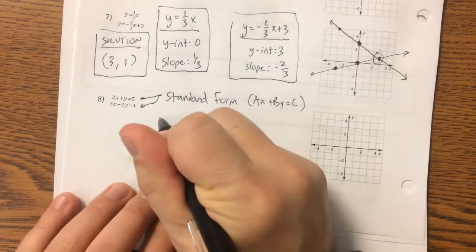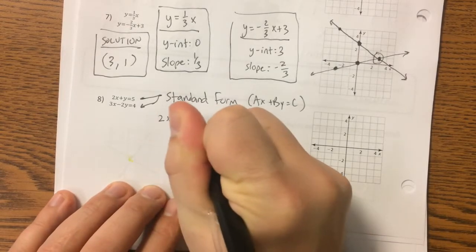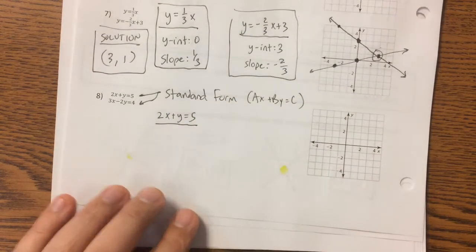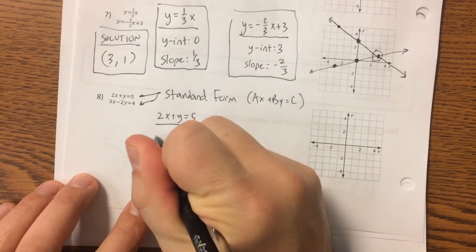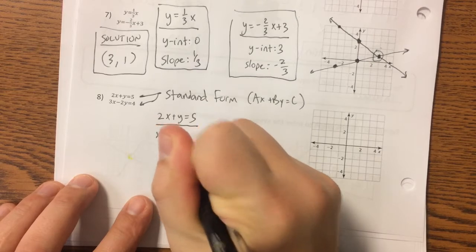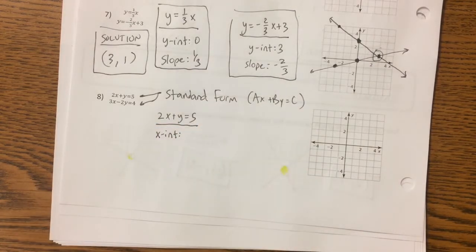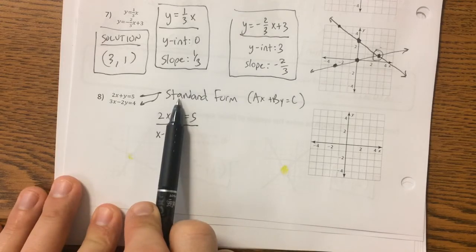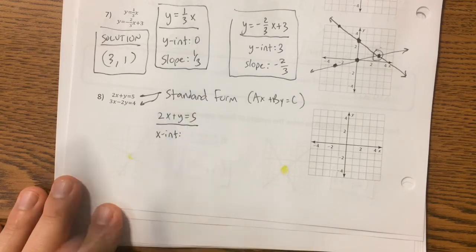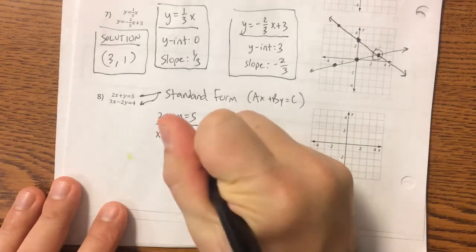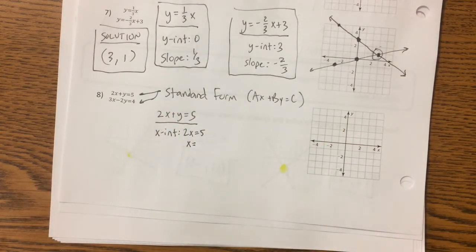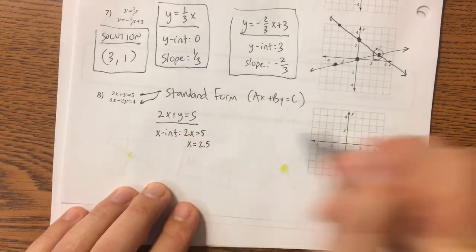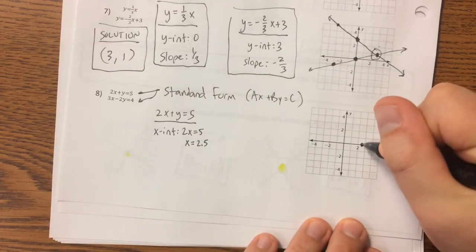So let's start with 2x plus y equals 5. To find the x-intercept, what I need to do is cover up y, essentially substitute 0 in for y, and then my equation is 2x equals 5. So if 2x equals 5, what does x equal? 2.5, right? So that's my x-intercept. 2.5 is going to be right about here.